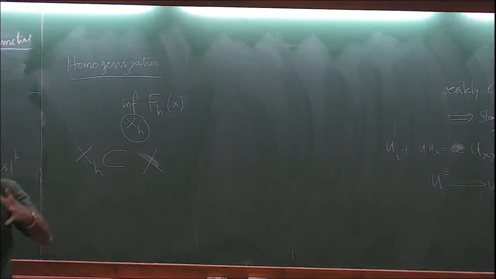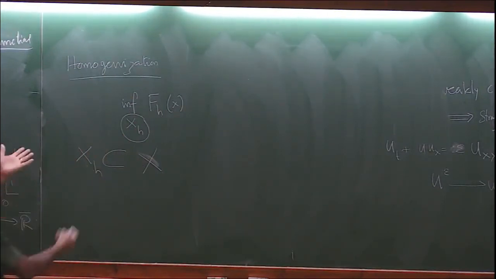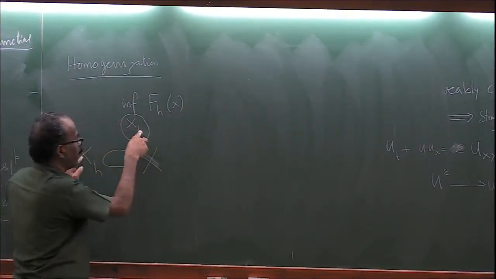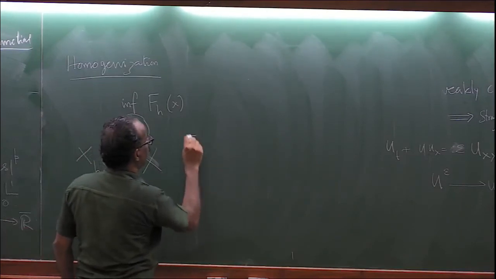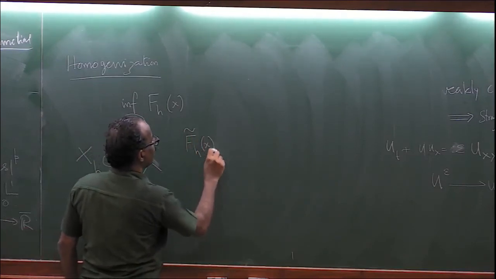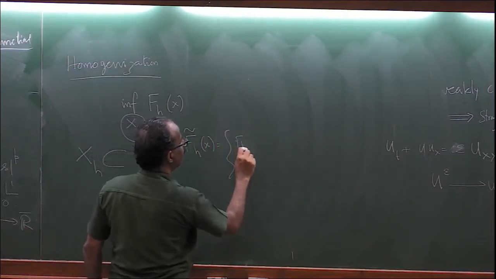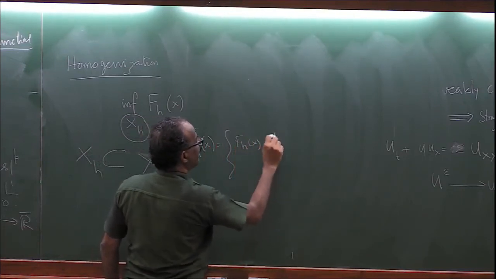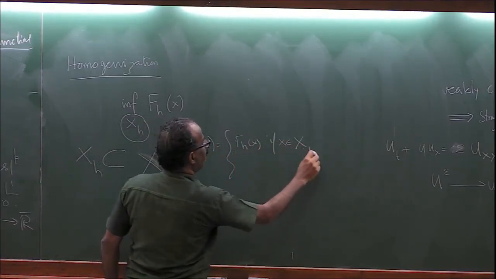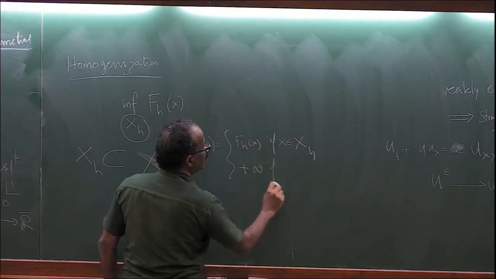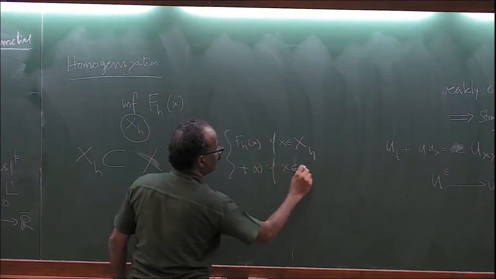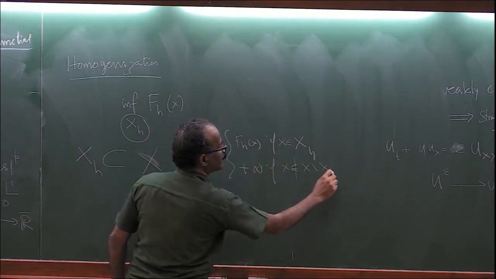That will not change your infimum. So I can define F_h tilde of x equal to F_h of x if x is in X_h, and equal to plus infinity if x is not in X_h, that is, in X minus X_h.